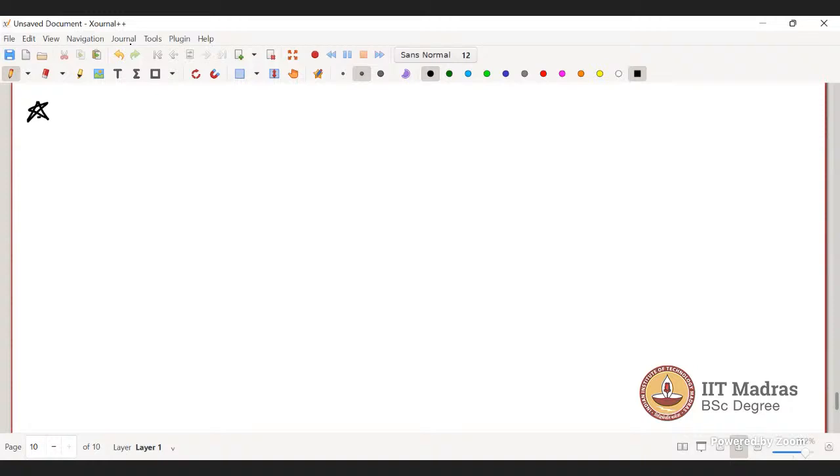As I said, to check whether a set is a basis or not, you need to check two things: the span, and whether it is linearly independent.